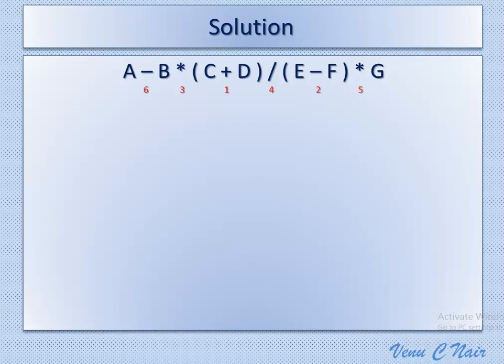I have numbered them with red ink. There are 6 operators and I have ordered them from 1 to 6. So 1 will be the first operation to be performed, then the second, and likewise it goes on up to 6.